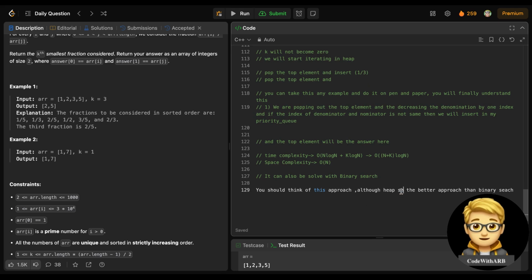Heap should be the better approach than binary search, but you should think of binary search. How will you apply this in binary search, right?